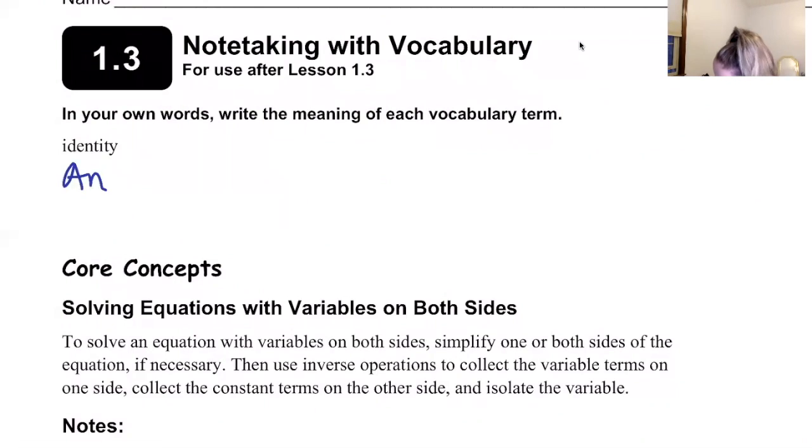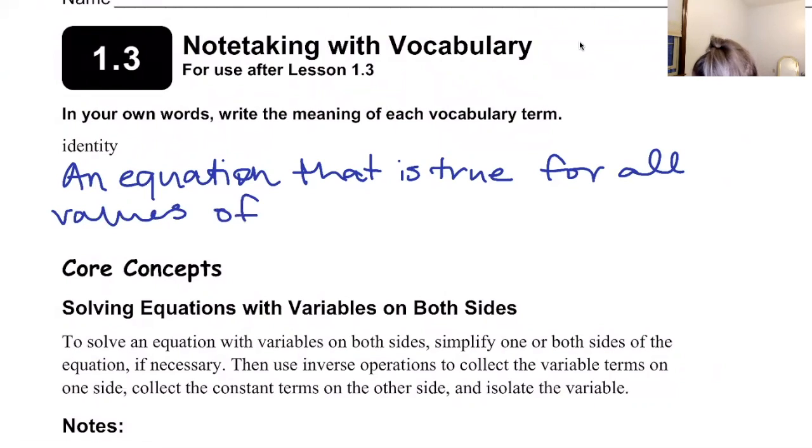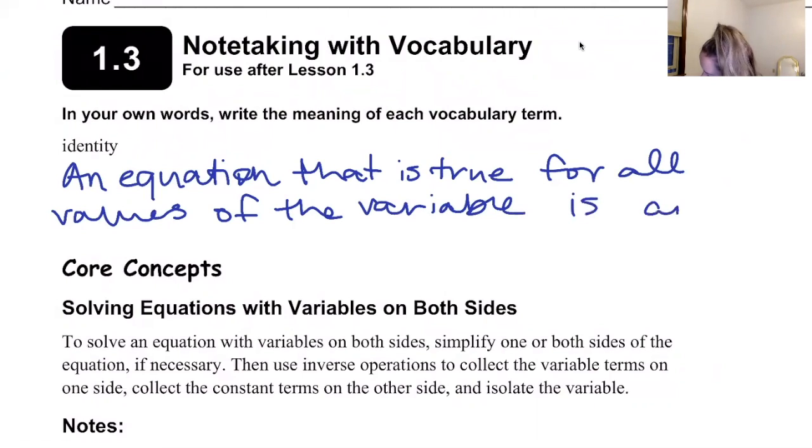So an equation that is true for all values of the variable is an identity. And if you need more time to write this, feel free to pause it and then continue on.